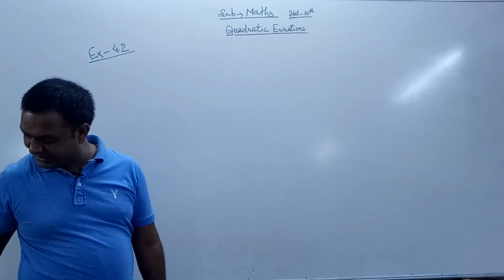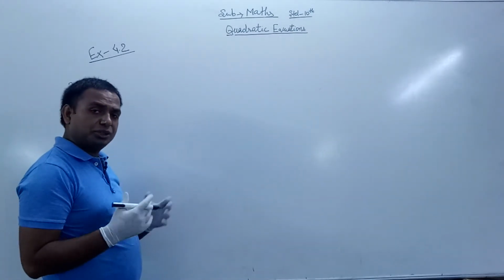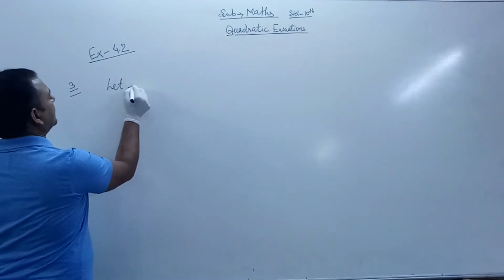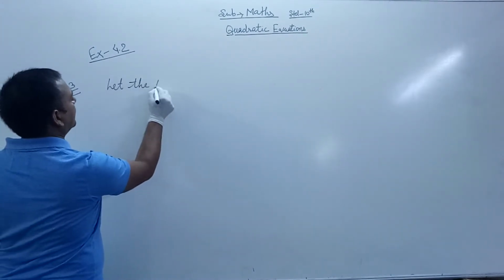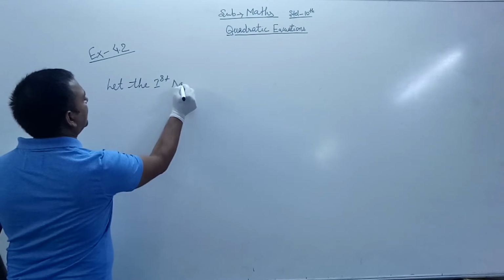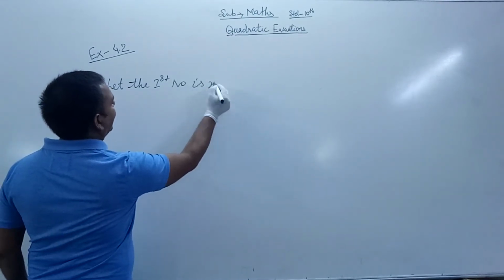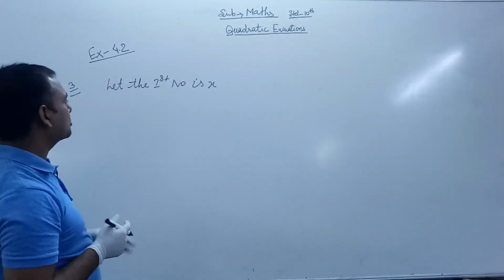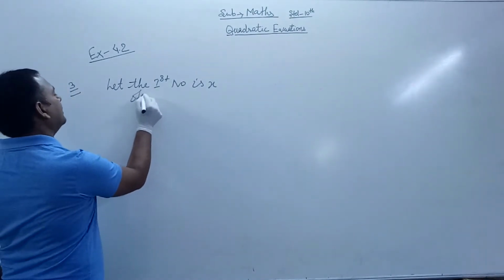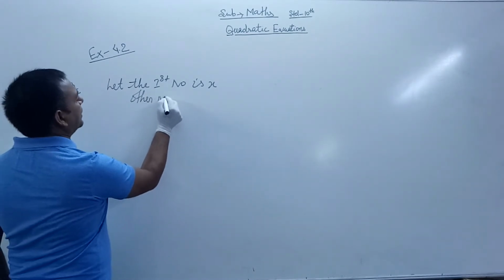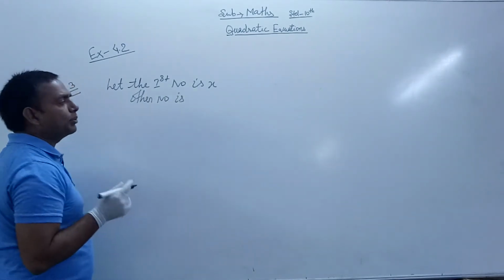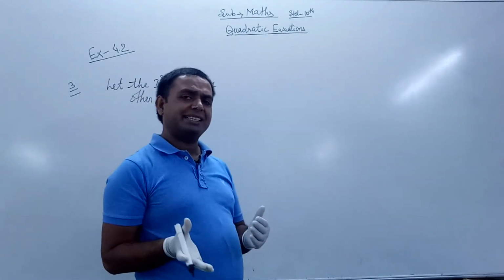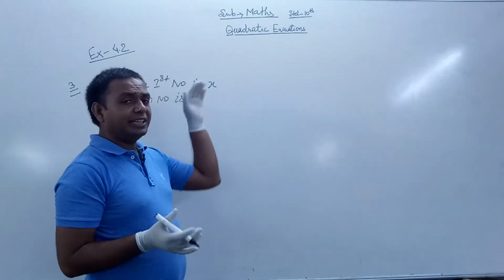Okay. In the question there are two numbers. So I say let the first number be x. If the first number is x, then the other number, since the sum of both numbers is 27, is 27 minus x.